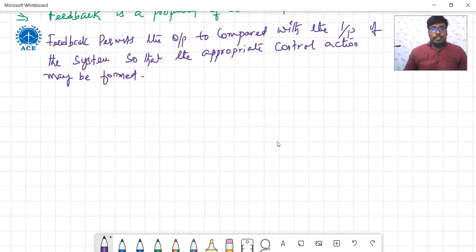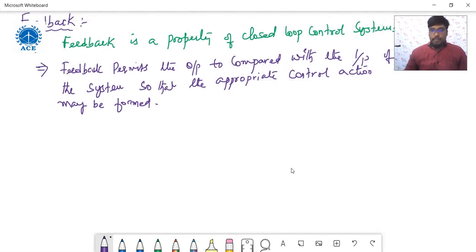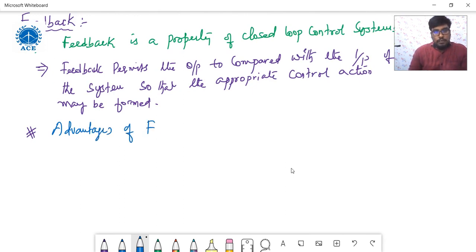So let us see the advantages and disadvantages of the feedback system, right? A feedback path. So let us discuss the advantages and disadvantages of feedback.